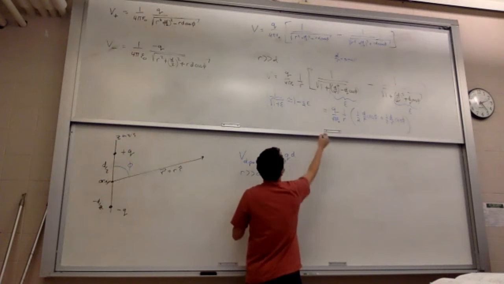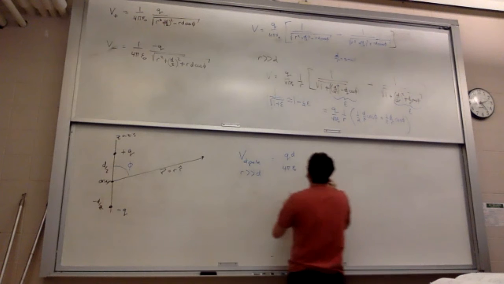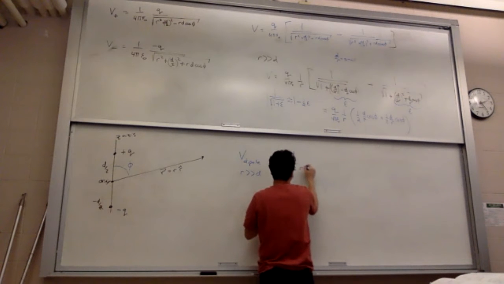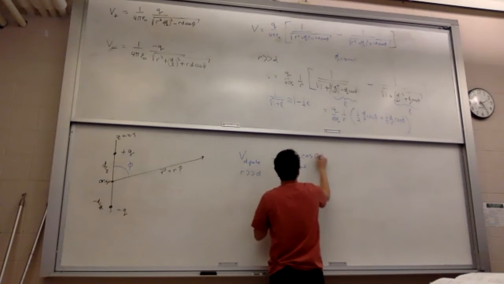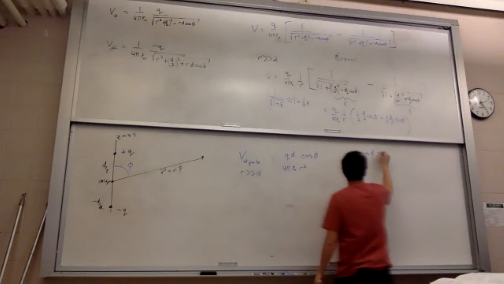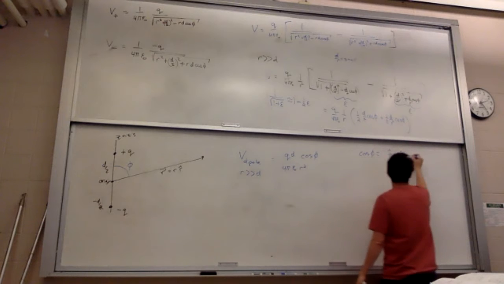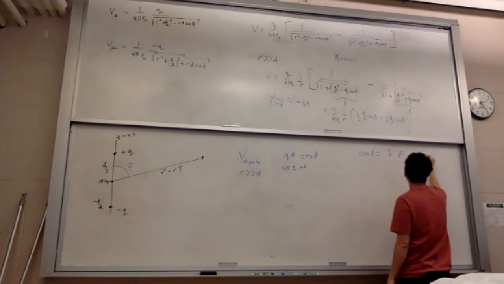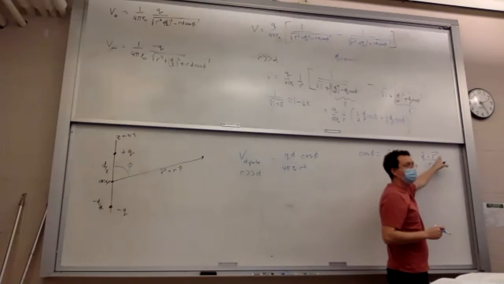Over the 4 pi epsilon naught prefactor, you get a 1 over r squared here, and I get a cosine of phi. Remember, that was z hat dot r hat. But I can also write that as z hat dot r vector over the magnitude r, just converting the unit vector to a radial vector.